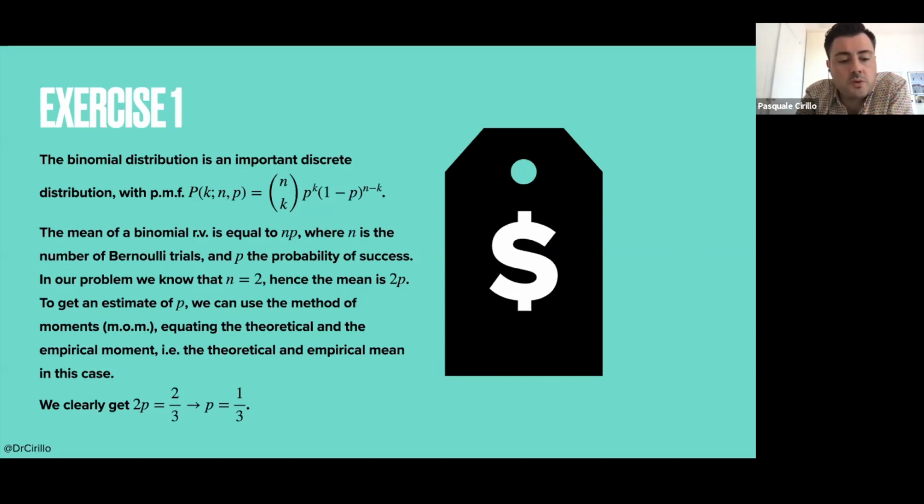So what I have to do is set 2p equal to 2 over 3. This is the method of moments, equating the theoretical and empirical moments. If I do that and solve for p, what I get is p equal to 1/3. So I have essentially that, looking at this data, I can estimate my distribution to be a binomial (2, 1/3).